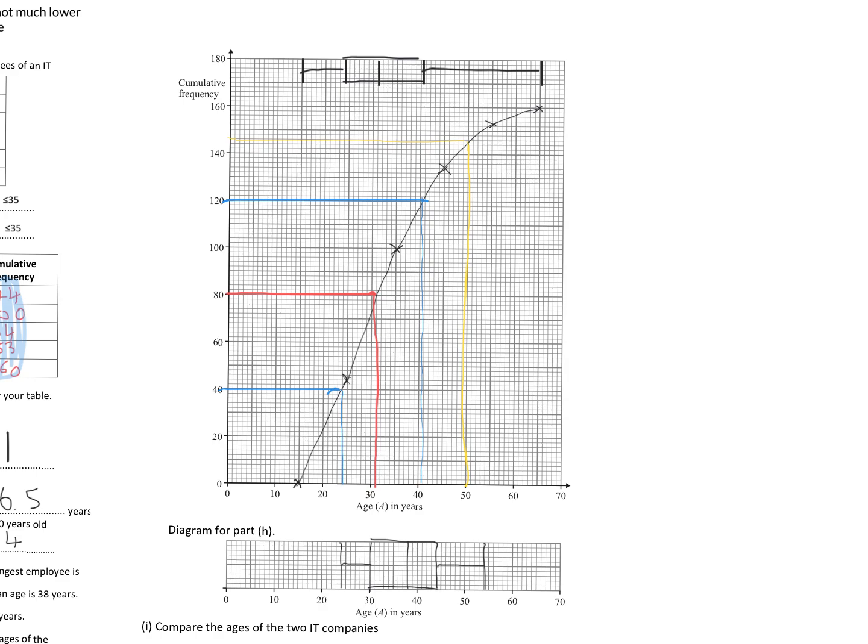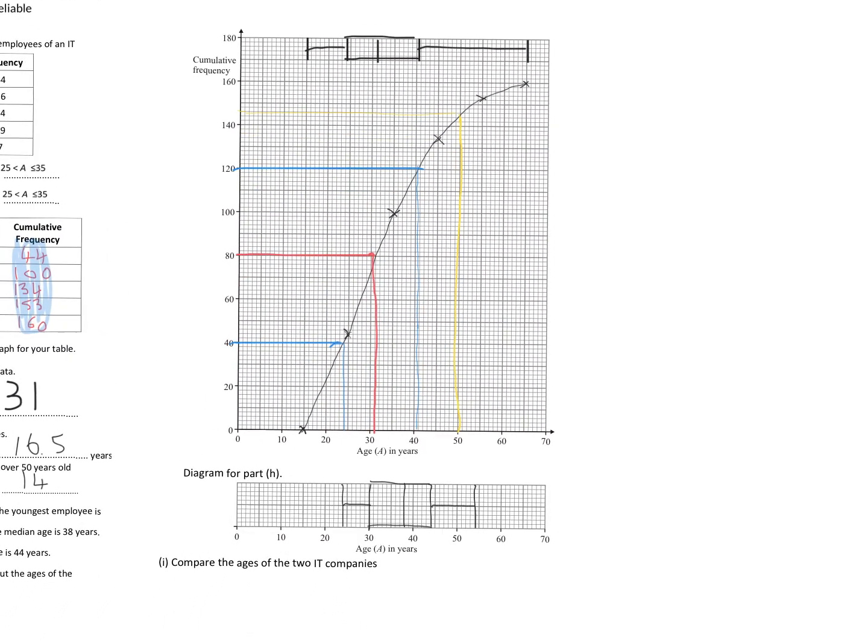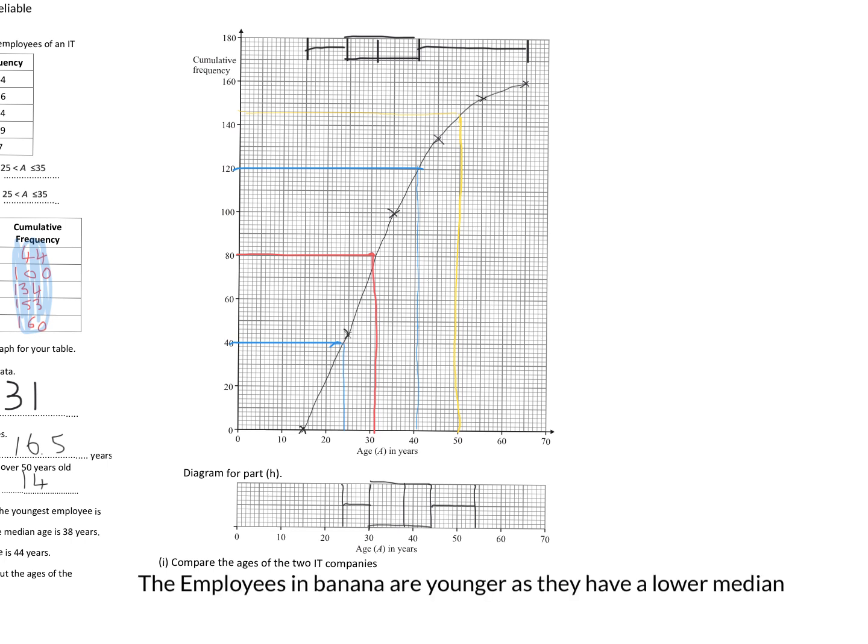So I'm going to type in here, banana has a lower median. What does that mean? Well, it means on average the ages in banana are lower, or the employees are younger. So the employees in banana are younger as they have a lower median. Or conversely, you could say the employees in Dull are older as they have a higher median.